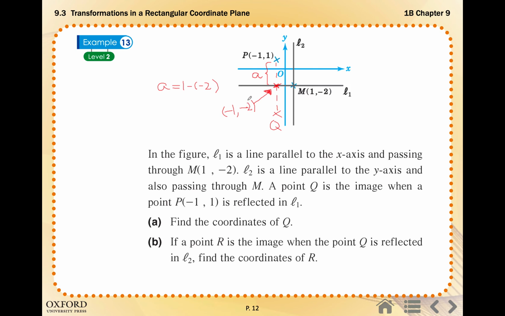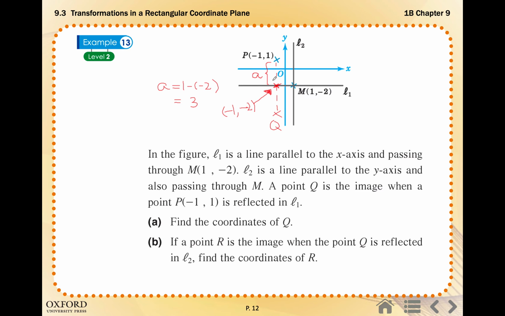But in exercise 8b, I found that some of you will use -2 minus 1, then you get the negative answer. And when you are talking about the length, it should be positive, not negative. So you always need to use the larger number minus the smaller number to get the positive value. That's why you get the distance between P and this horizontal line L1, which is equal to 3.